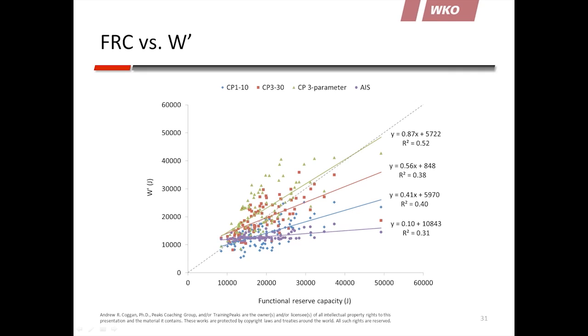And you can see that not only are the slopes generally different from one, with the exception of the 3-parameter model, but the correlations aren't all that high, even in the case of the 3-parameter model. So not only do they give different numbers on average, but even when they give the same number on average, that is the 3-parameter model, they give different numbers for any given individual.